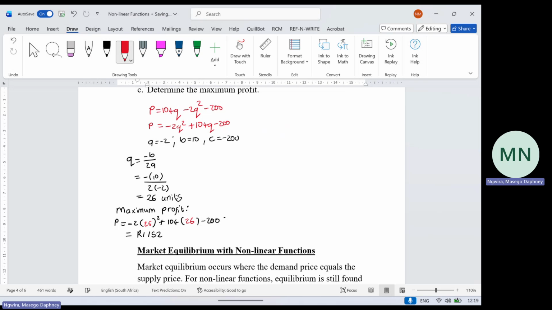So remember that our profit function is P is equal to -2Q squared plus 104Q minus 200. Just in case you were asking yourself, how did we substitute here? Everywhere I saw Q, I put 26. Where do I get the 26? I calculated the number of units at the turning point.